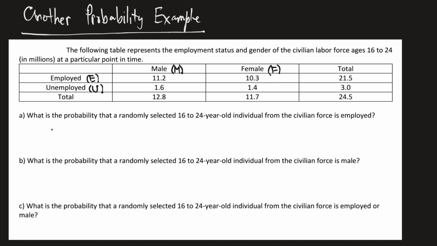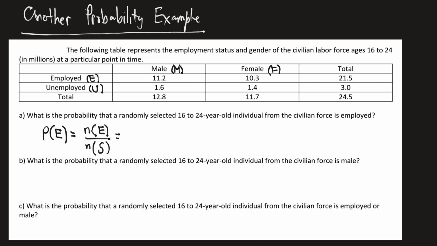So for instance, this question is asking, what is the probability that event E will occur after this random selection? Well, by definition, in the classical method of probability, this would be the number of elements in this set divided by the number of elements in the sample space.